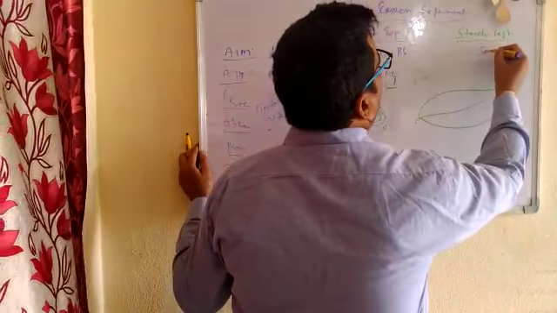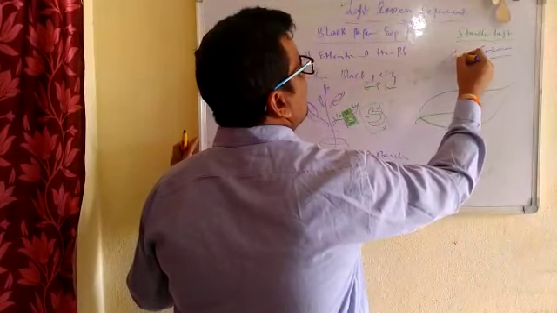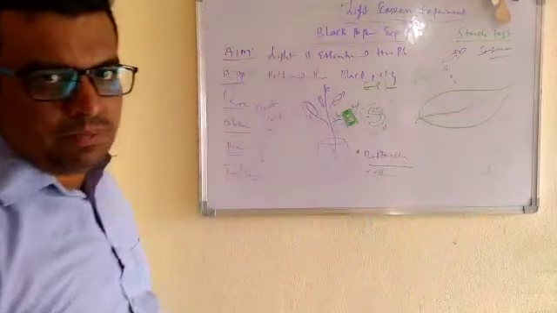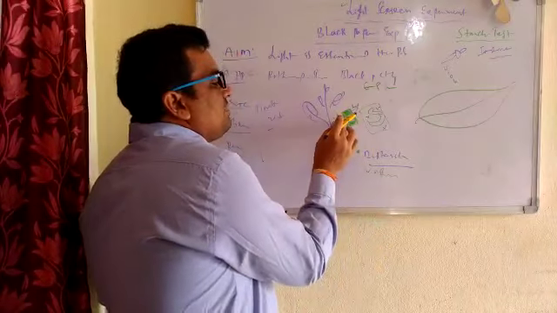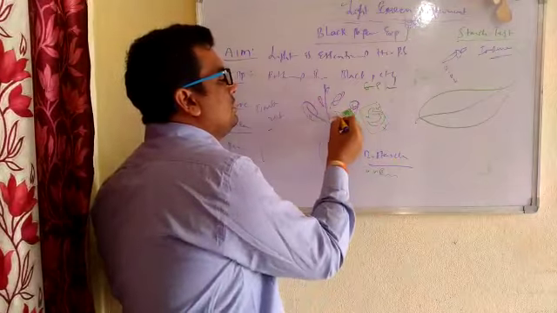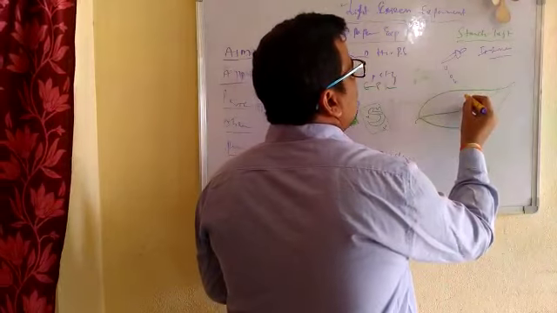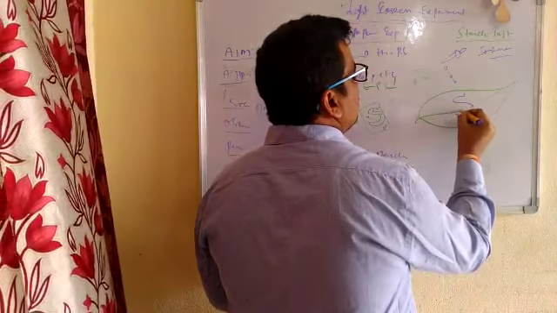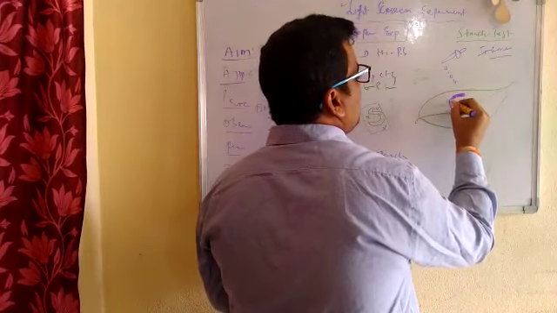Iodine. Now you have to tell me which portion of the leaf changes into blue black. So now we have to understand which portion of the leaf is exposed to the light. We discussed that this portion is exposed, this portion is S-shaped also. This exposed portion is changing to blue black because it is the whole cut portion, isn't it?